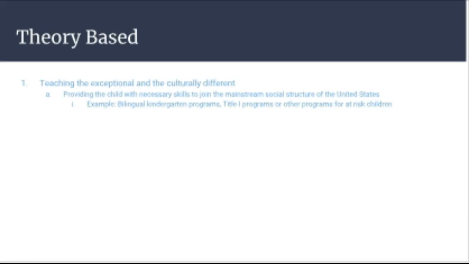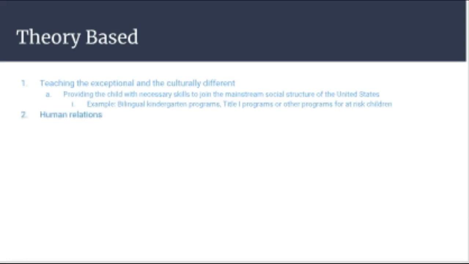So their first idea is about teaching the exceptional and the culturally different, which would mean that you're providing the child with necessary skills to join the mainstream social structure of the United States, and teachers adapt instruction to the student's skill level and learning styles.